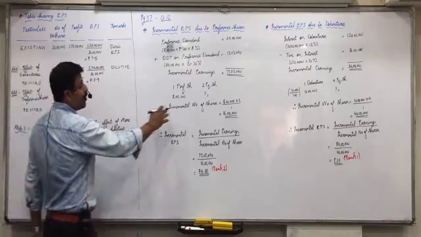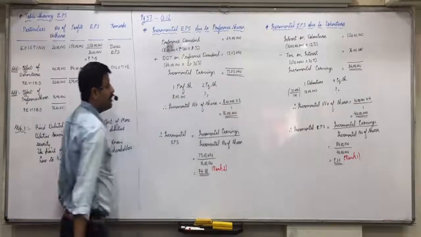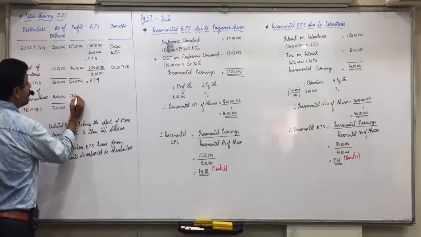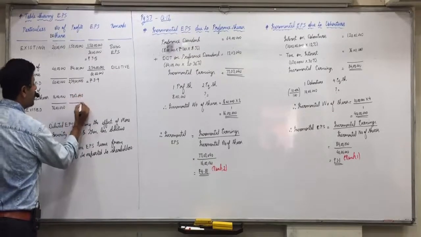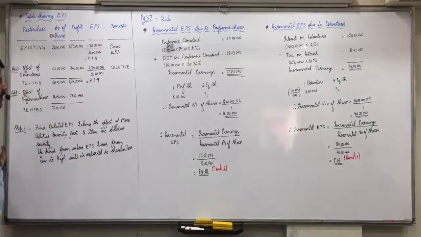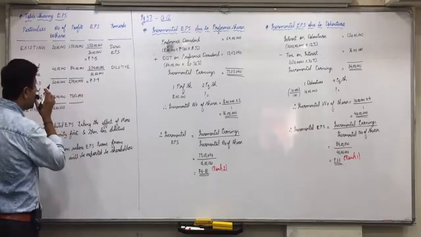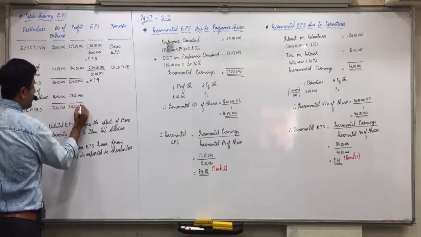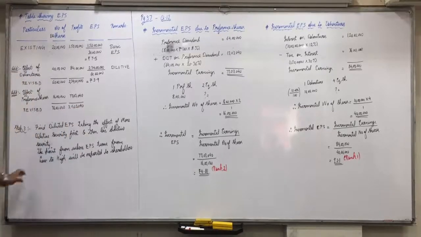What is the incremental profits? 77 lakh 3040. What will be the revised profits after preference shares are converted? 2 crore 34 plus 77 lakh 3040, 3 crore 11 lakhs 3040. Any doubt in this?